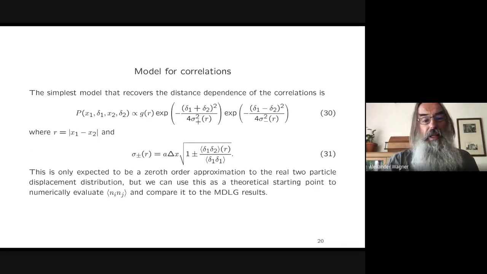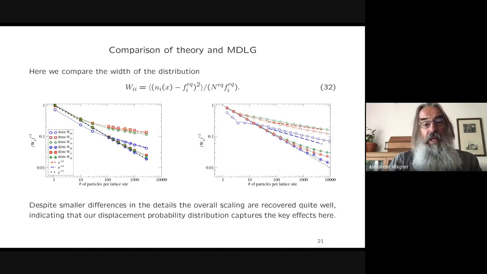You can put that into the model, and from that you can get a two-particle distribution function, or the simplest one you can come up with that gives you that correlation is one that actually puts in the two-particle correlations in this way. And with that you can get a prediction that certainly recovers the behavior that we've seen.